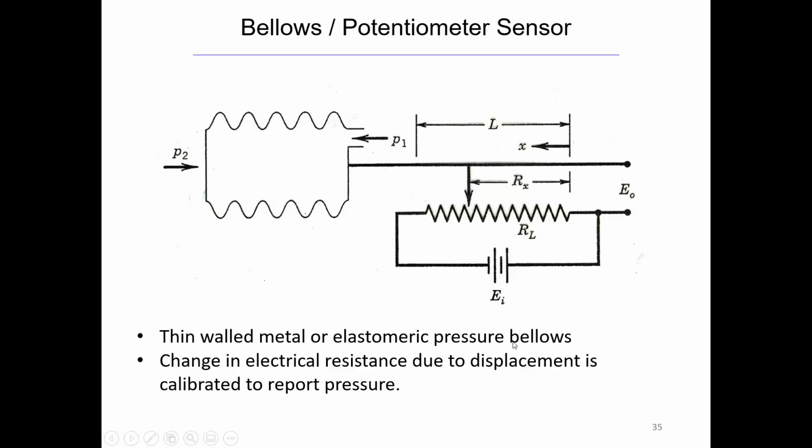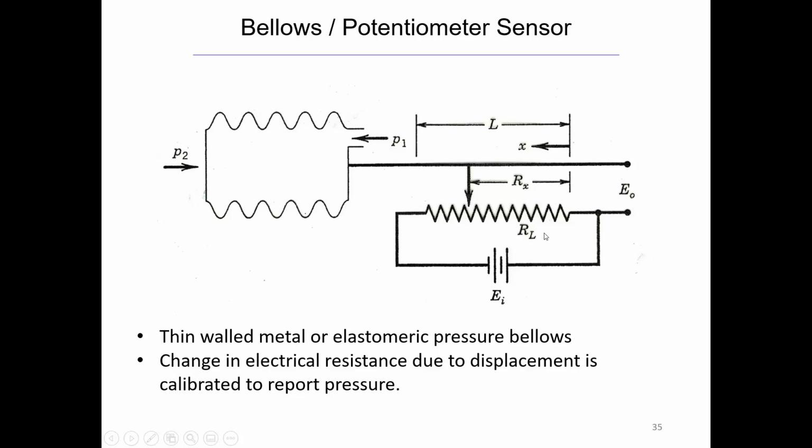So the first one, the bellows or potentiometer sensor. Here you have two different pressures inside and outside of this. Say pressure 2 is greater, then this is going to displace in this direction. This would be the side that's moving, and we have that displacement connected to a potentiometer.